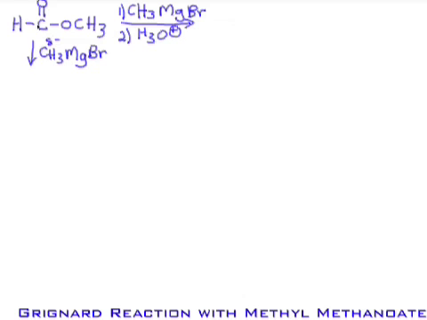The delta minus is attracted to the delta plus of the carbon, with 2 electronegative oxygens there. So what's going to happen is the methyl carbon is going to attack, right? So I'm going to take those pluses and minuses away. The carbon's going to attack there, and the pi bond will move out to the oxygen. And we'll get something that looks like this.